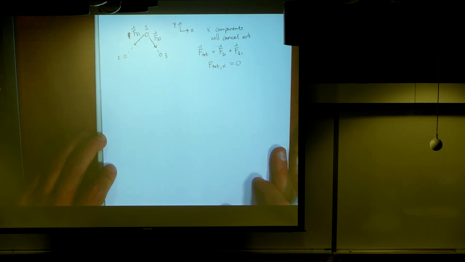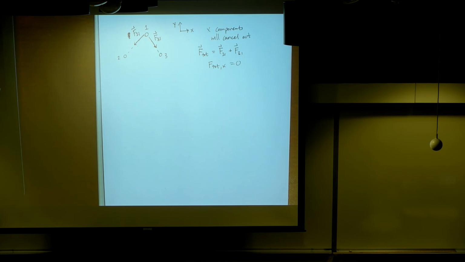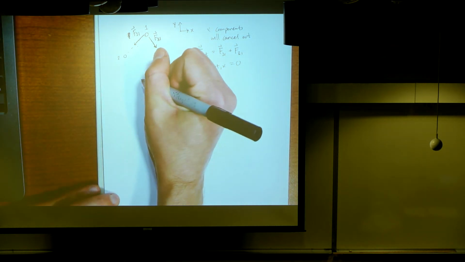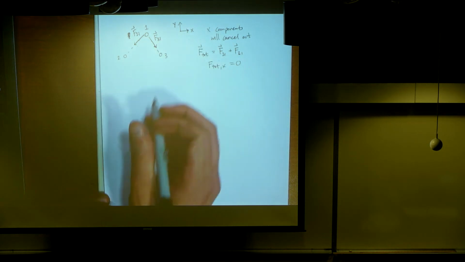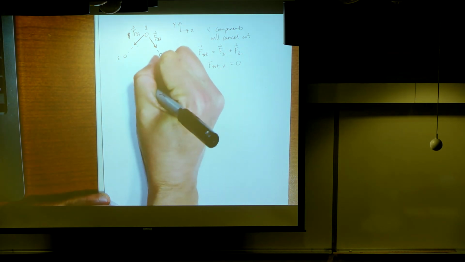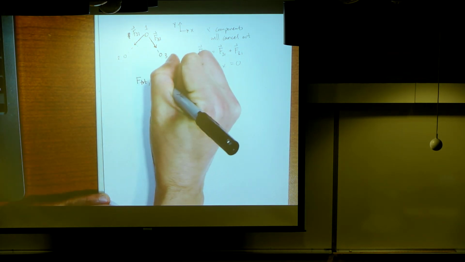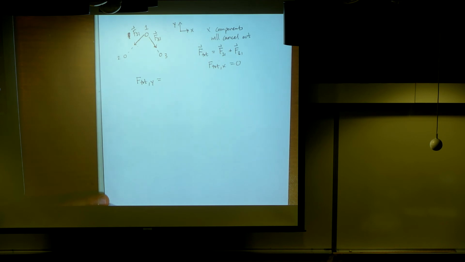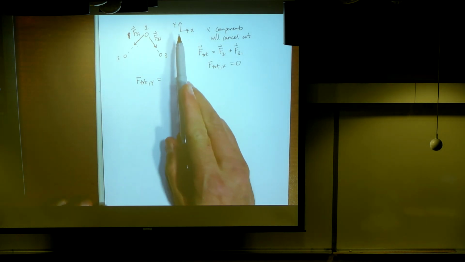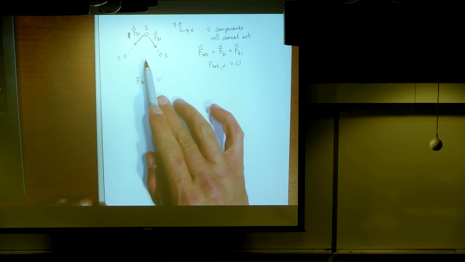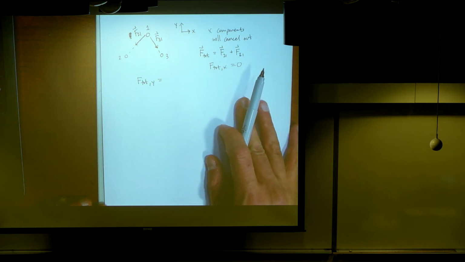That means we only need to think about the Y component, right? So let's get to that. If I want the total Y component, how can I do that? Well, both of these are in the negative Y direction, right? According to the way I set up my coordinates.